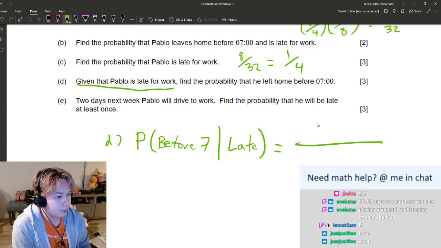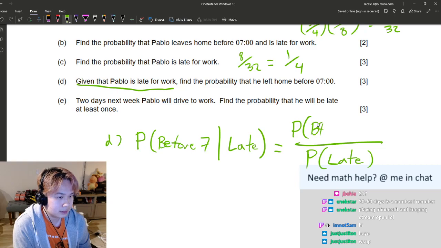So from the formula, it's the probability of before 7 intersection late, over the probability that he's late.